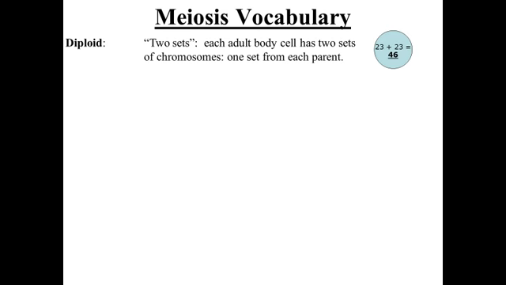Okay, anyway. So there's some vocabulary that we need to know about meiosis and some particular terms. First term is diploid, and what diploid means essentially is two sets.